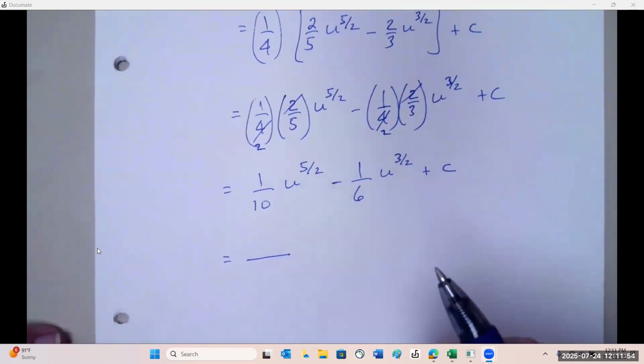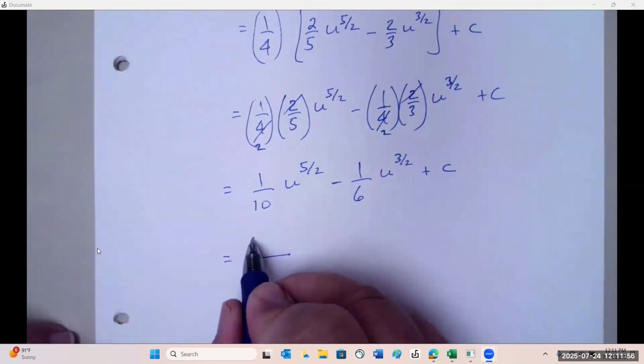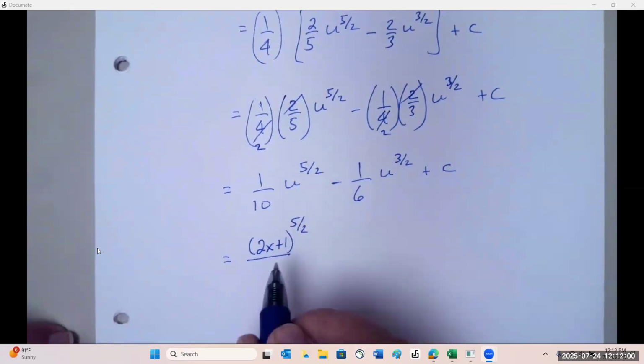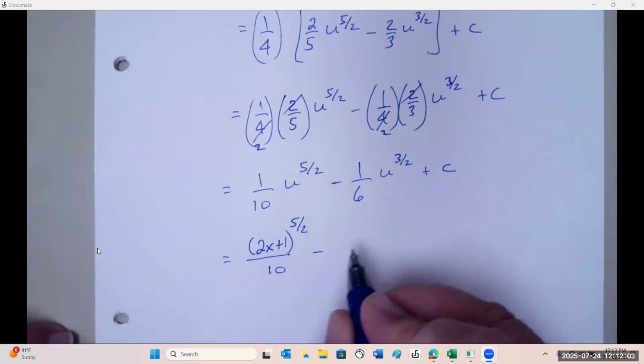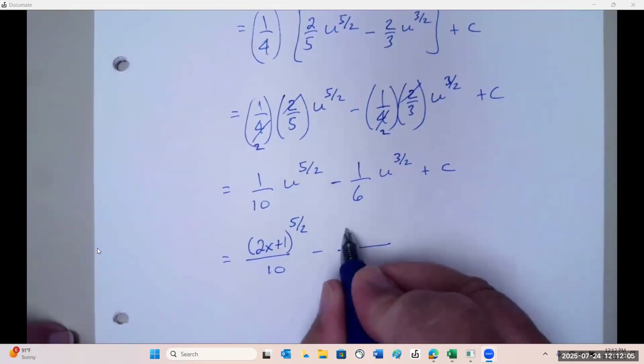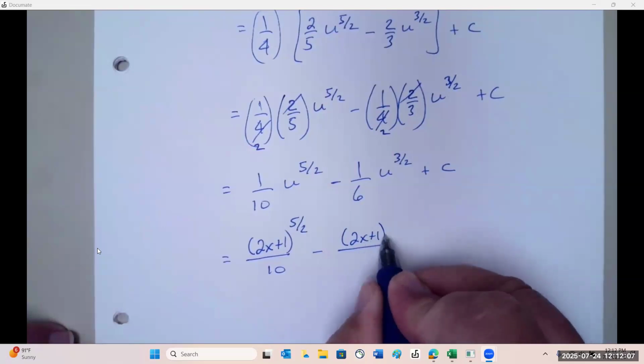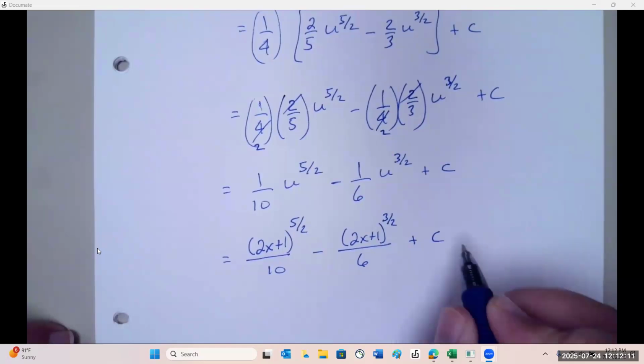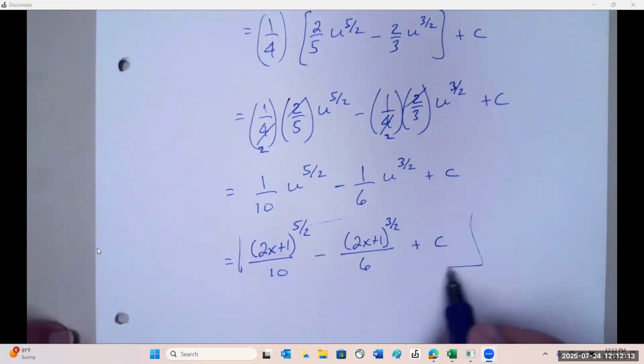So u was 2x plus 1. So I have (2x plus 1) to the power 5/2 over 10, minus (2x plus 1) to the 3/2 power over 6, plus c, and there's my answer.